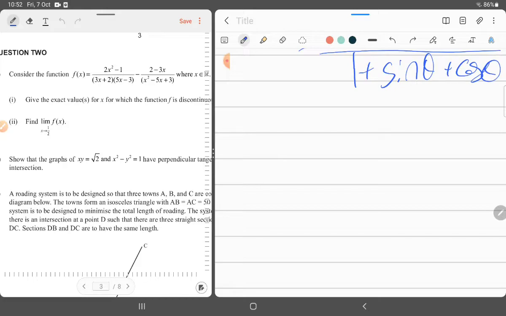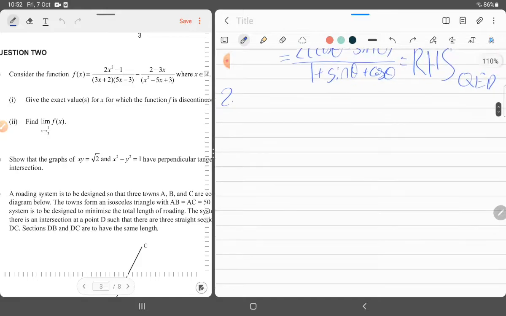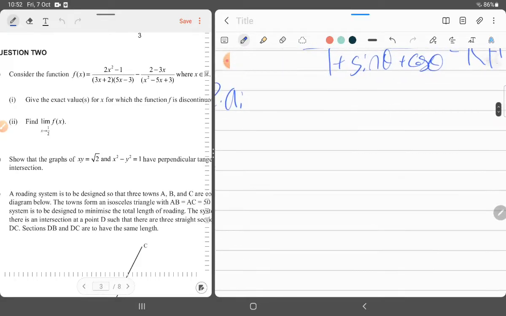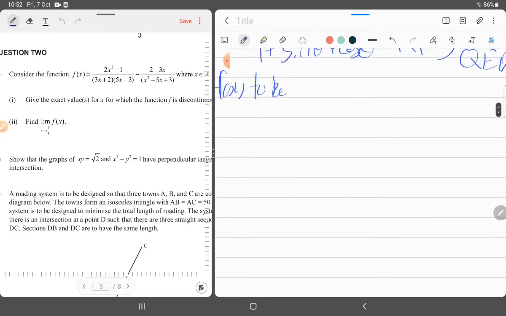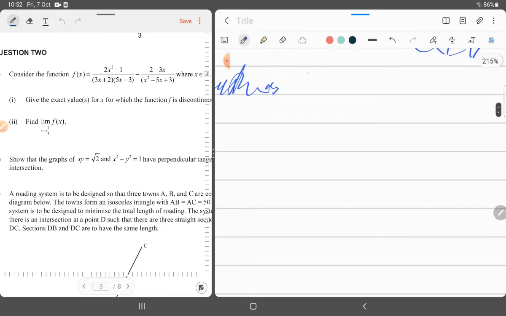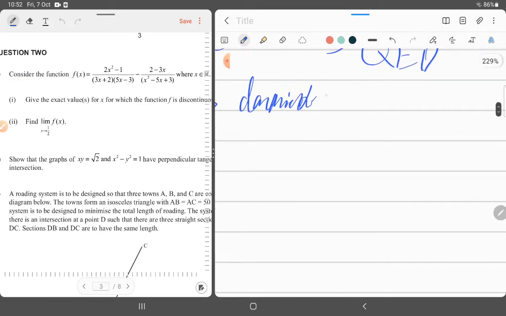So for the function to be discontinuous, the denominator must equal 0.